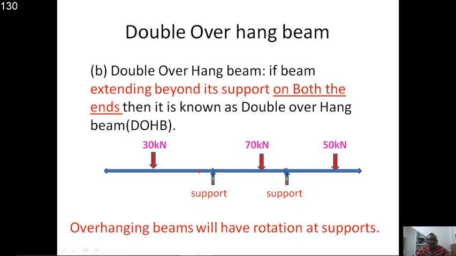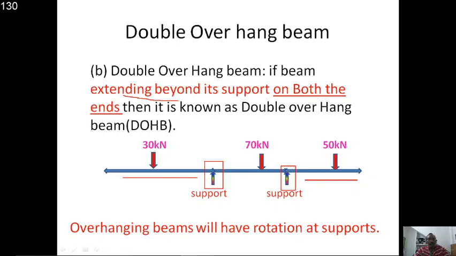Support 1 has some extension of the beam, and support 2 also has an extension of the beam on the other side. Hence in this situation both ends are extending beyond their supports, so it is a double overhang beam.